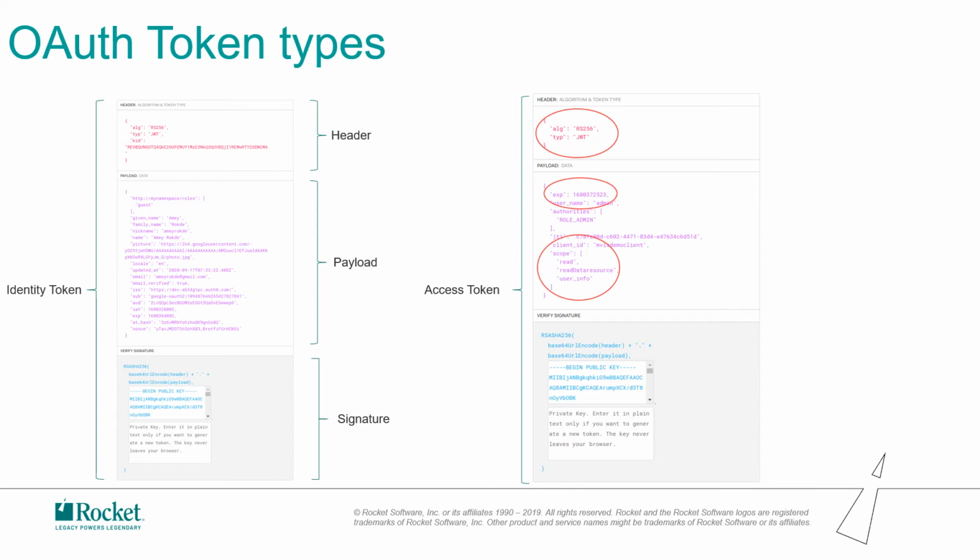I'll hold the point of signature verification for now, but this is where the three sections are, so that if there is any tampering, one will be able to identify it.